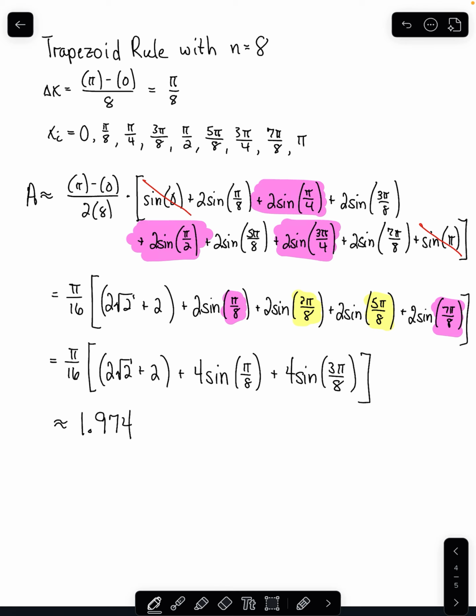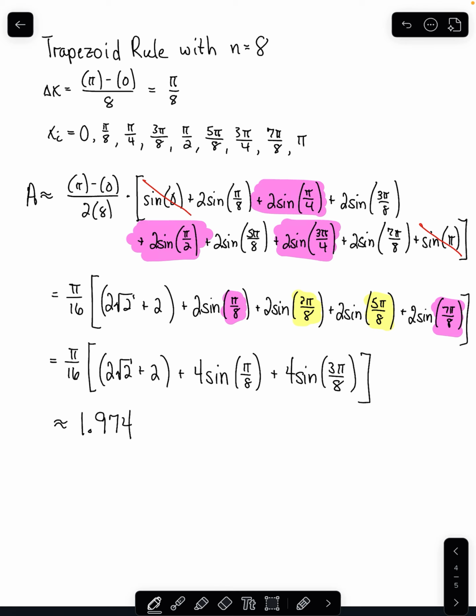Now, comparing this with the midpoint rule, these estimates are not quite as accurate for this particular example. In general, however, the trapezoid rule does tend to converge to the actual value of the area faster than the midpoint rule does.